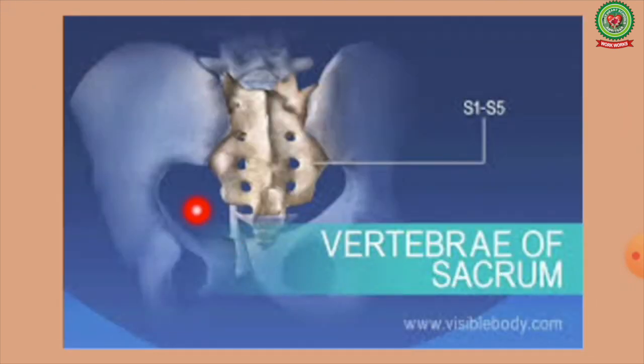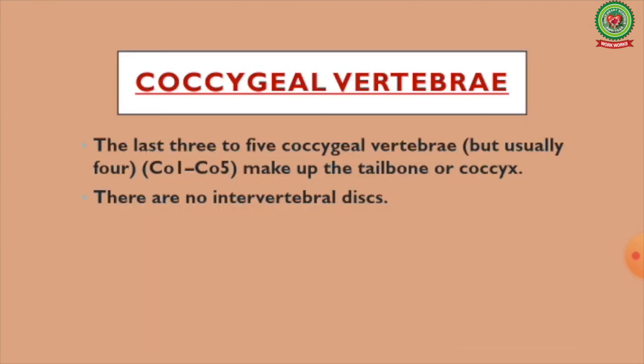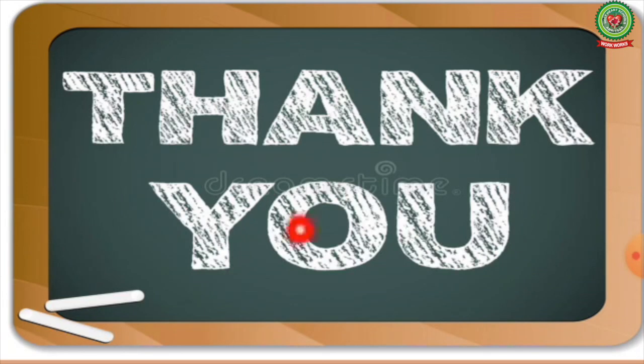In this image we can see the sacrum, where these 5 bones are fused. The last one is the coccygeal vertebrae. The last 3 to 5 coccygeal vertebrae, usually 4, make up the tailbone or the coccyx. There are no intervertebral discs. Thank you so much.